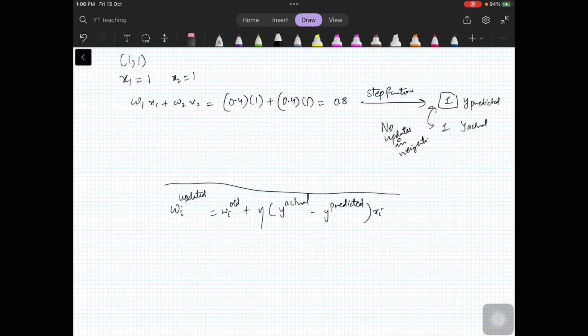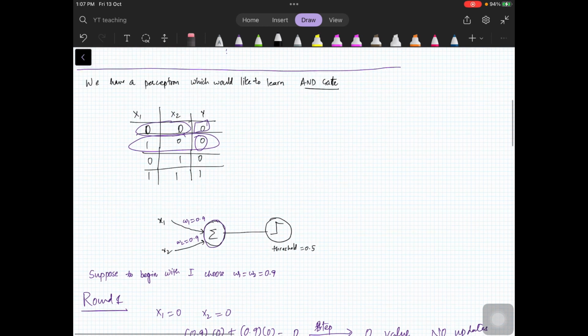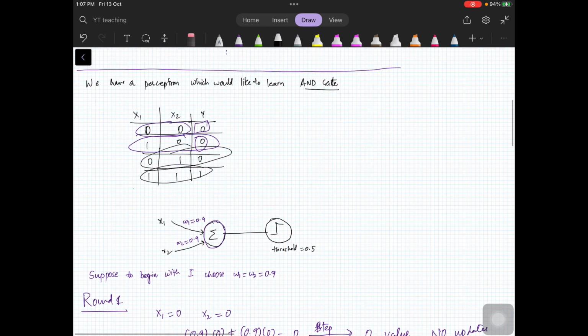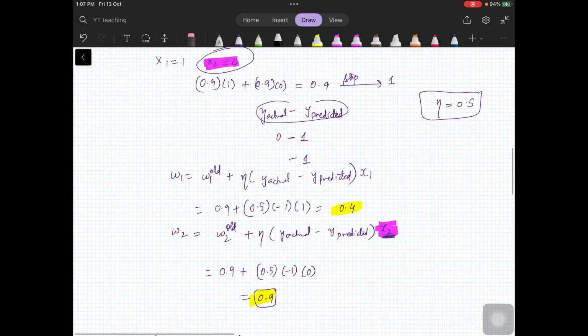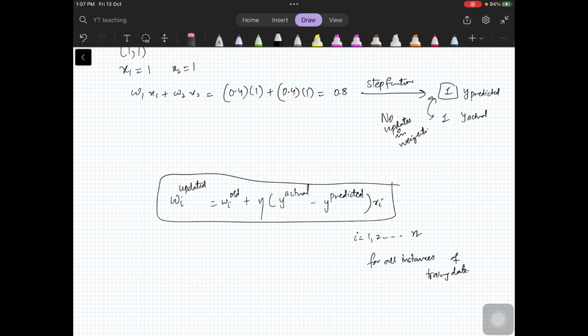You do this for all i equal to 1 to n and for all instances of training data. Here I have just taken the 4 instances of my training data. I can have more data points, and then I can train it further till I reach an optimal value of my weights. So that's an idea of the perceptron training. Thank you.